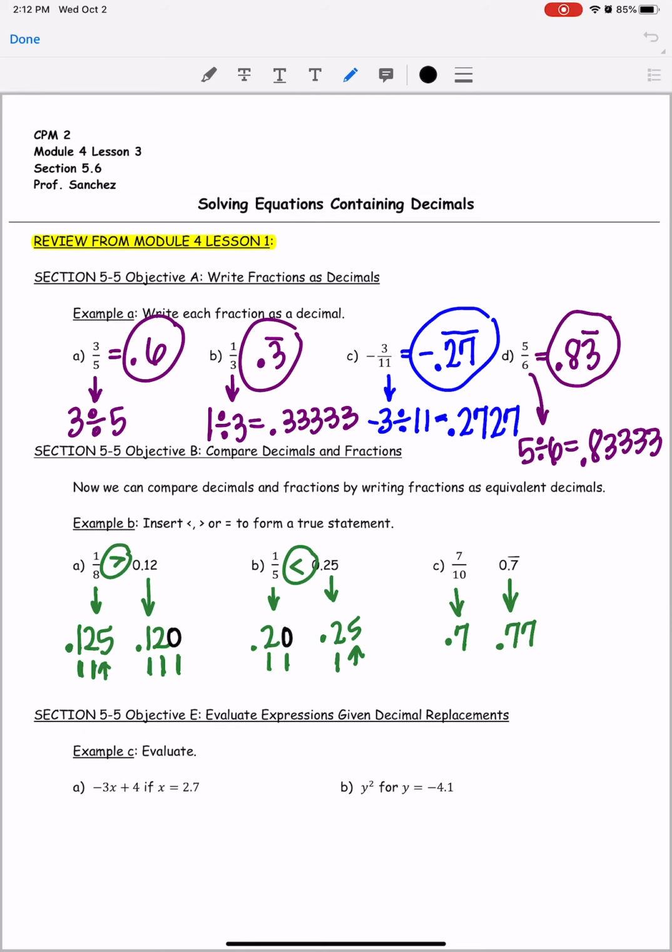So make this one have 2 digits as well. And really, those 7s keep going and going and going, but I'm only going to write one more. So now I can compare. We've got a 7 and a 7, but now I have a 0 and a 7. That 7 is bigger. So this one right here is the bigger number. So be careful on ones like that.